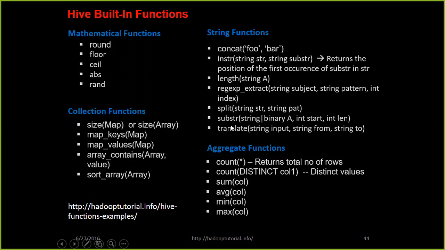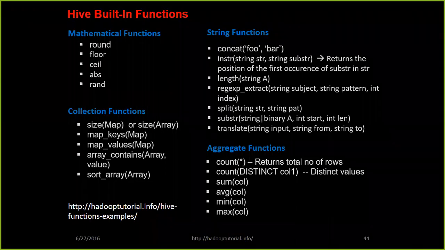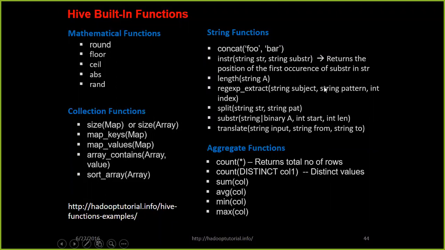And these sometimes will be useful when you are dealing with strings. Concatenation: you can specify the two column names, column name 1, column name 2. Then these two column values will be concatenated and shown in the result. And instr is something like finding the index of a substring, whether a particular small substring is present in the bigger string or not. And length of a string, regexp extract, with the source string, the pattern, and an int index from where it should start searching.